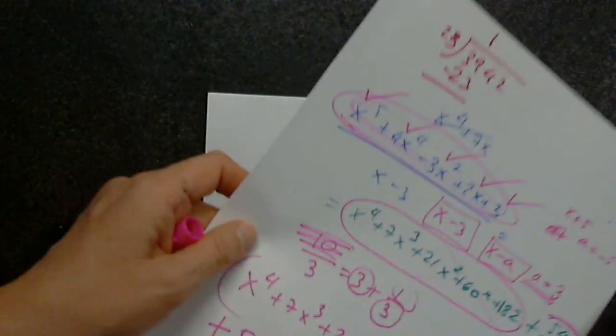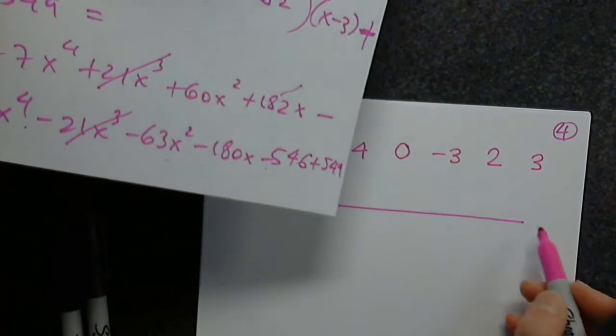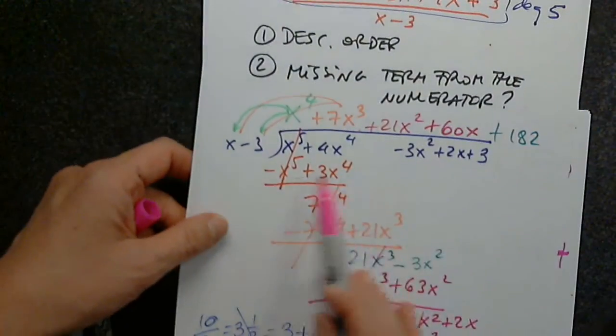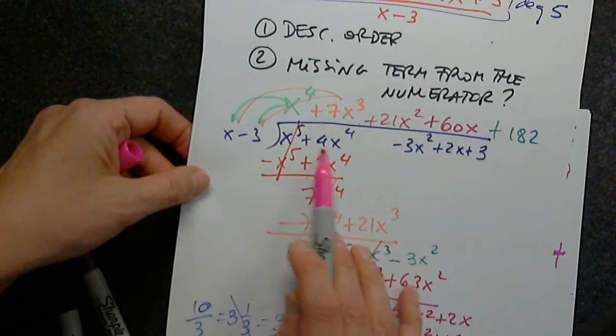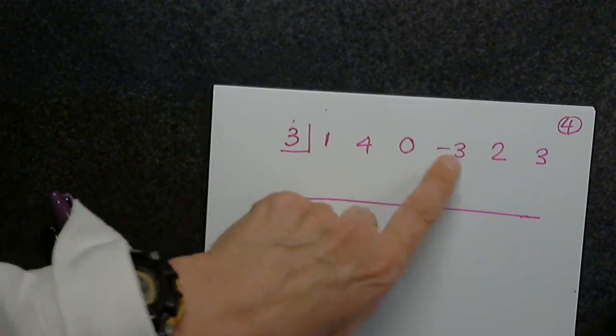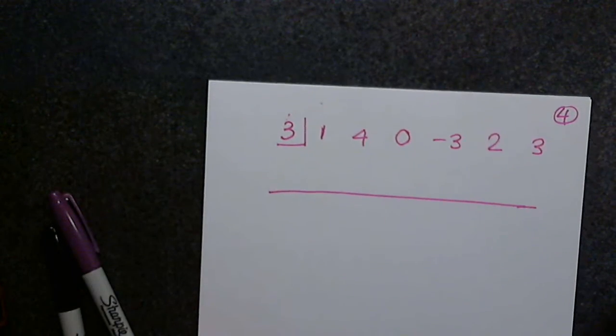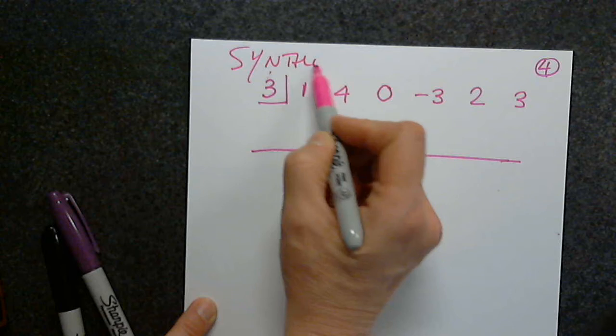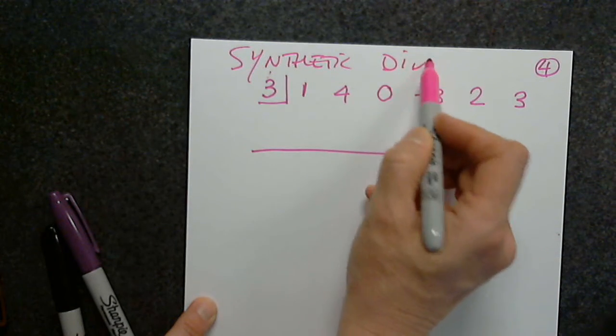Negative 3. What is the coefficient of x? 2. What is the free term? 3. Exactly the same coefficients we basically used for the long division. 1, 4, 0, negative 3, 2, 3. So this is the synthetic division.